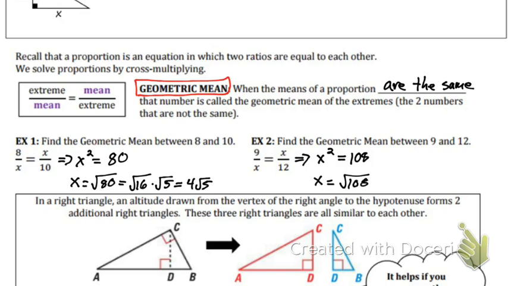That is not simplified. It turns out 36 goes into it, right? Yeah. So 36 goes into it 3 times. So that's going to equal the square root of 36 times the square root of 3, which is going to equal 6 square root of 3.